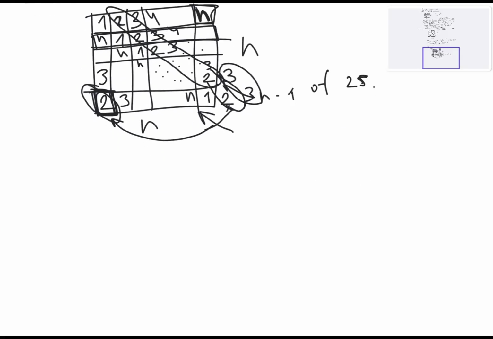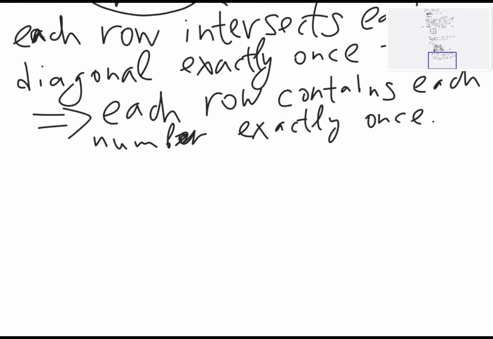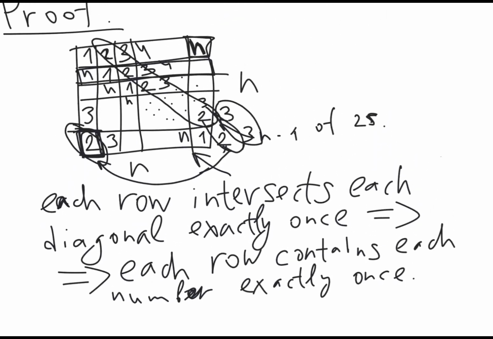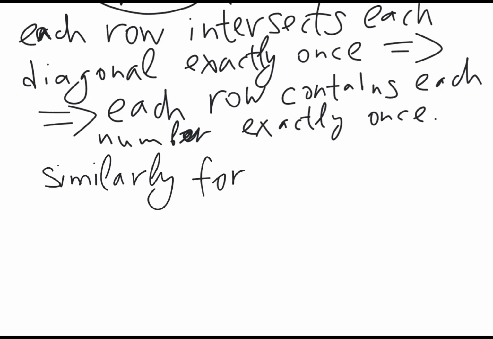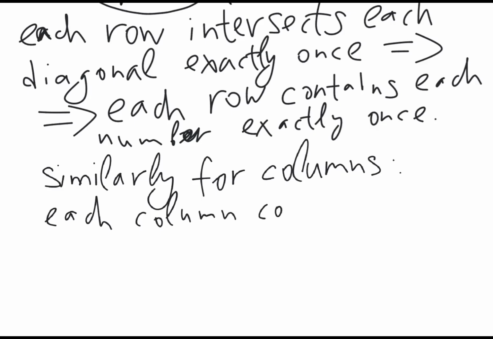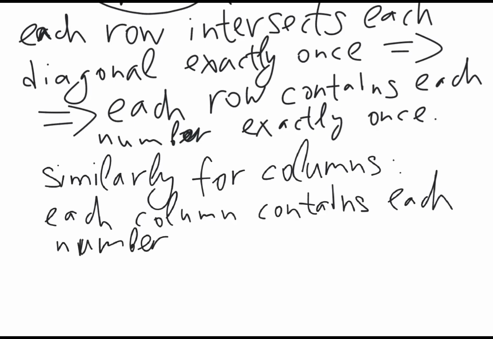And the same holds for columns. Every column intersects each diagonal exactly once, and therefore each column contains each number exactly once.